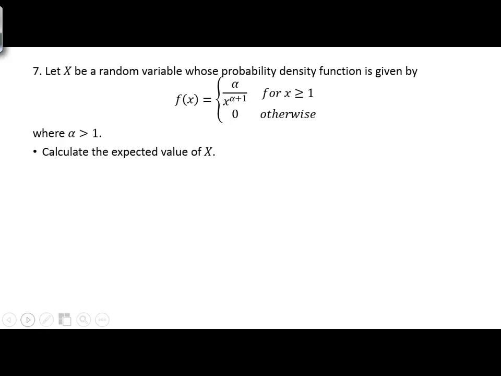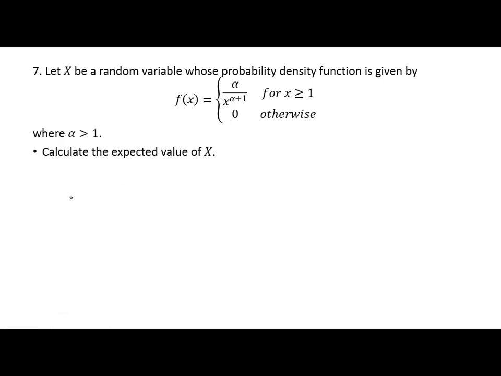Okay, so now we have a random variable whose probability density function is given by this nice little thing here. Since we have a probability density function, we have a continuous random variable. We want to know the expected value of x here, so it's time to do some calculus.